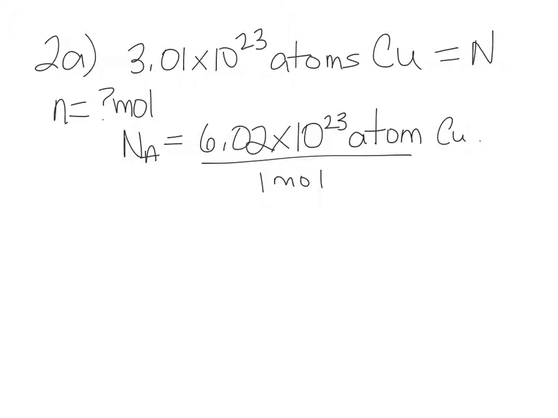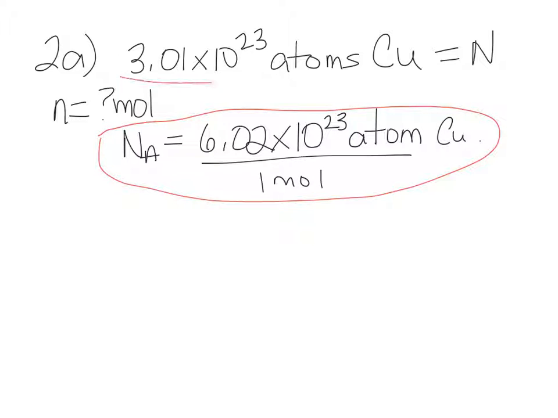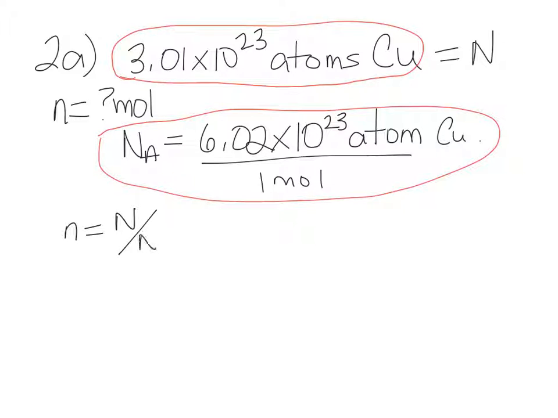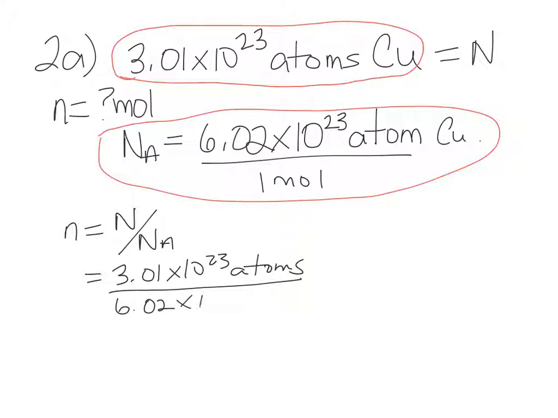So we've got two pieces of information now. We know NA and we know big N. So to find the answer, n is big N divided by NA. 3.01 times 10 to the 23 divided by Avogadro's number.